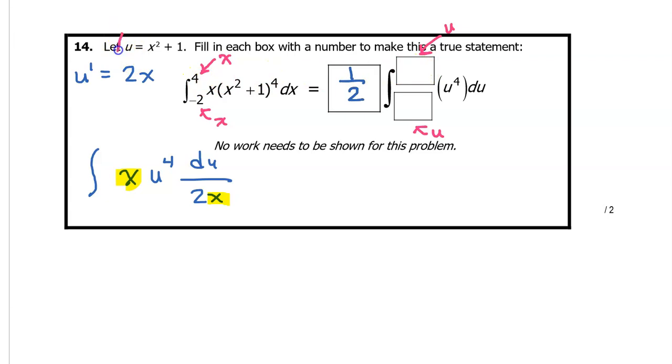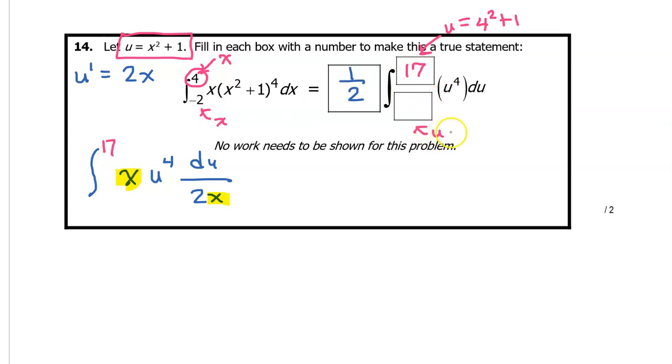Well, we're going to use this equation right here: u is equal to x squared plus 1. So this u right here is going to equal this x squared plus 1. So it's going to be 4 squared plus 1. That's 16 plus 1, which is 17. Okay, so I'm going to put that here as well.